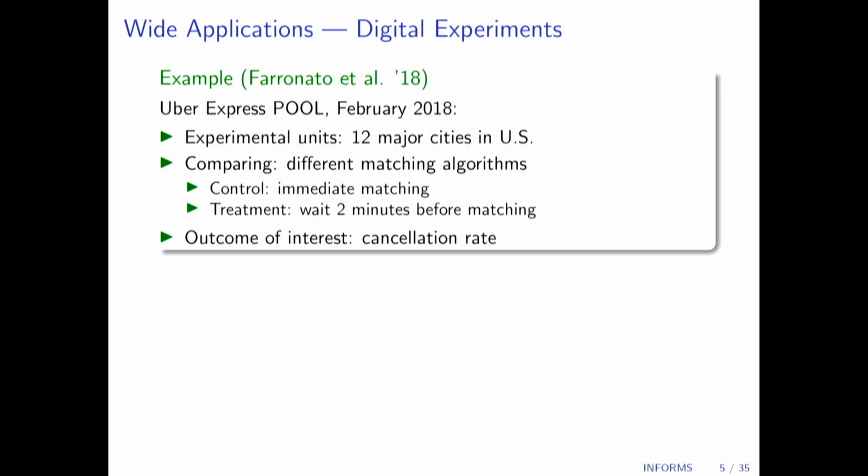They ran this experiment across 12 major cities in the United States. They would like to evaluate the effectiveness of the waiting time when doing the matching, and see how much the cancellation rate would increase if the customers have to wait longer before they see their drivers.